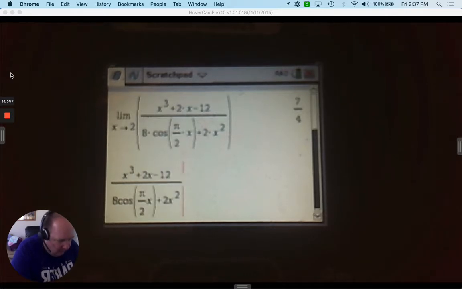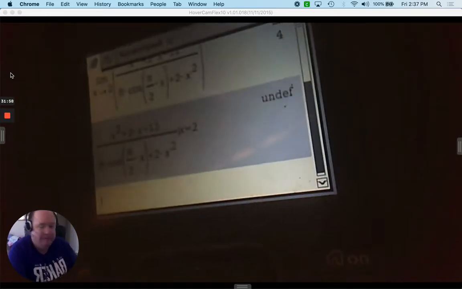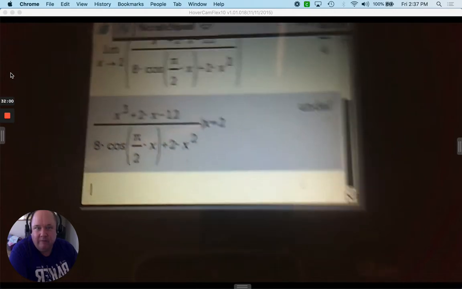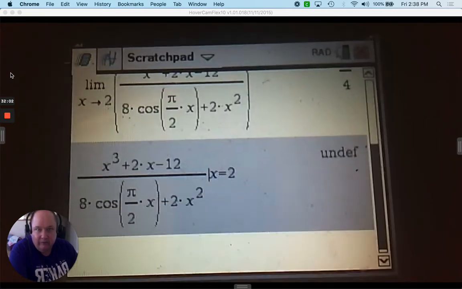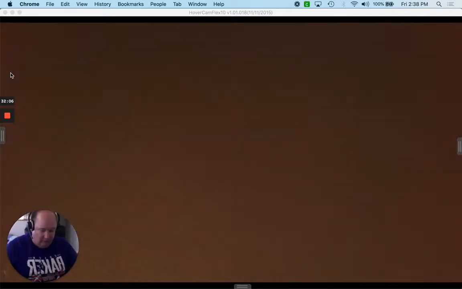Then I'm going to go control equals into the vertical line, and then I'm going to type in x equals 2. And so when I type in x equals 2 here, the limit exists, but the value of the function is undefined. So that's what we're looking for. The limit exists, but the value of the function is undefined, so therefore it's not continuous.